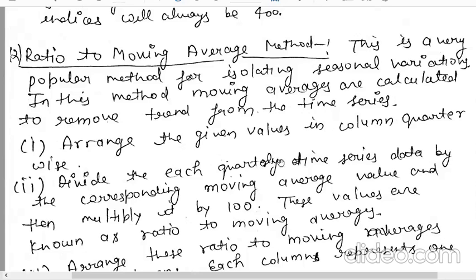So we will find our moving average value, divide our time series data by it, and multiply by 100. We will do this in each column, right? These values are known as ratio to moving averages.